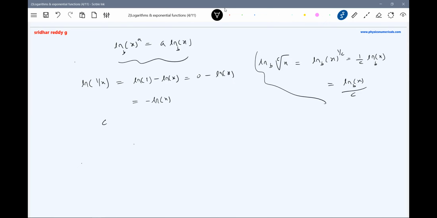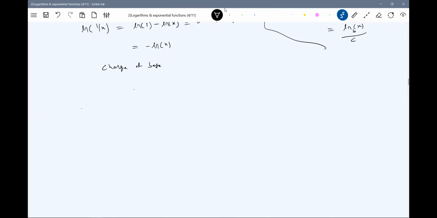Next, change of base, which is very important. So, change of base. Suppose x is equal to x.